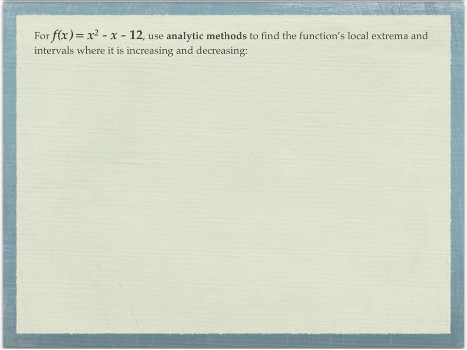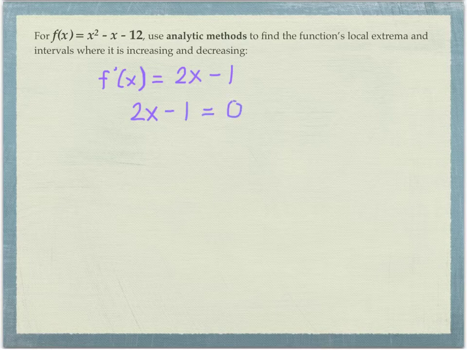So the first thing we'd like to do is examine the derivative of this. That's not too tough. With our derivative rules, we know this is going to be 2x minus 1. A key thing we will often do with derivatives is set this equal to 0, because that particular point will be a key point in our derivative and also in the original function.